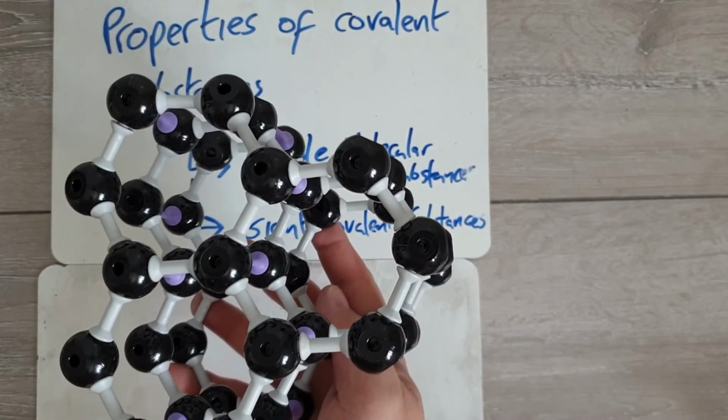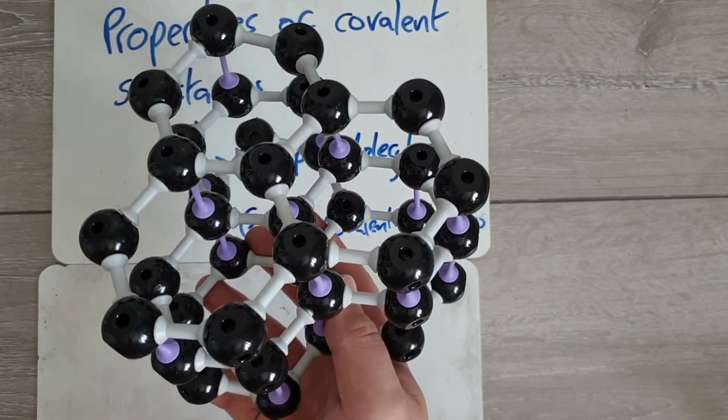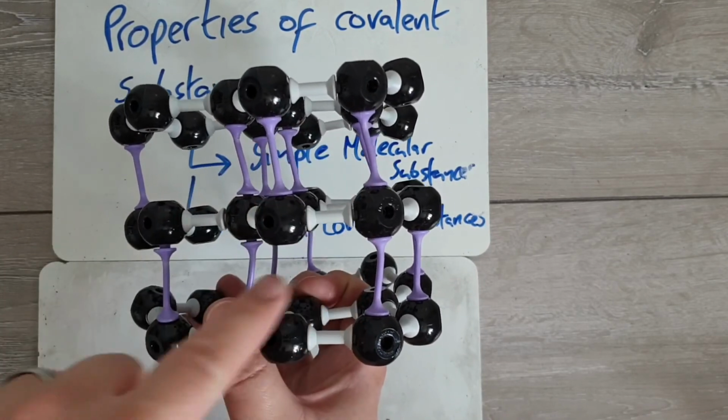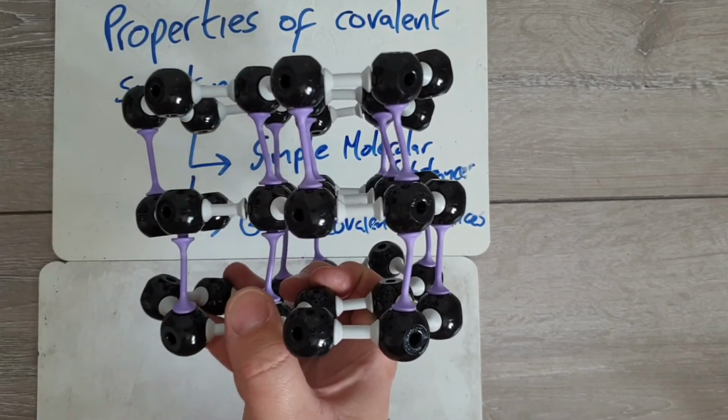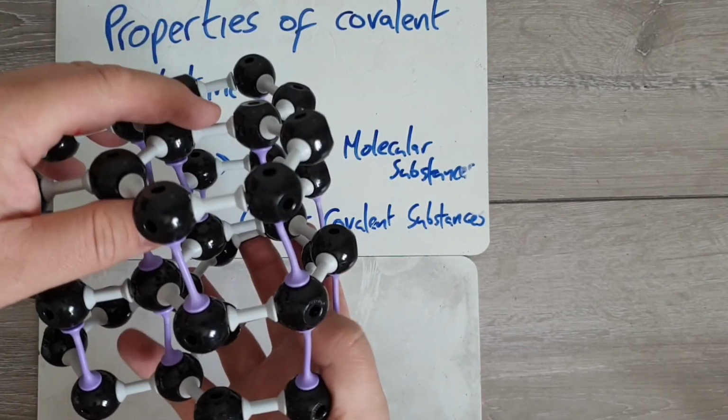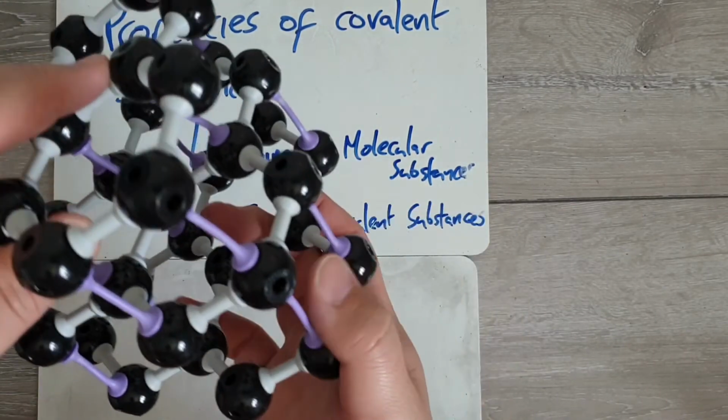Graphite is the exception, and this isn't a perfect model of it, but if I put it sideways, these purple bonds are the electrons in between layers, and they're free to move around, which is why for graphite, the layers can slide over each other.